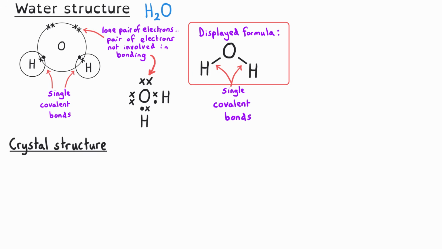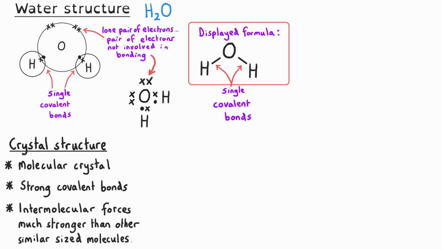The crystal structure of water is simple molecular, like iodine is, and there are strong covalent bonds between oxygen and hydrogen. This time, the intermolecular forces hold water molecules in an arrangement that maximizes the stability.